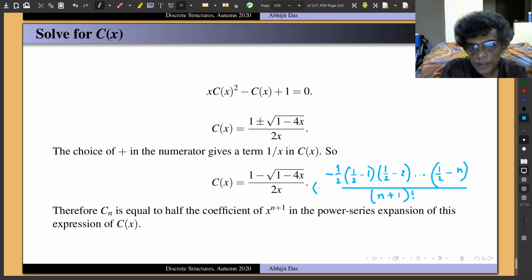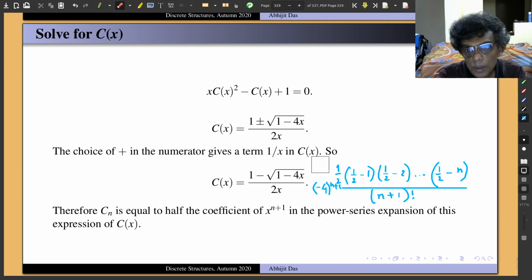So, I will have another minus 4 to the power n plus 1. So, this is correct, right? Yes, minus 4 from this will come, n plus 1 factorial because it's the n plus 1th term, and I have this general thing, minus half, sorry, this is not minus half, plus half. Beyond this everything will become negative.